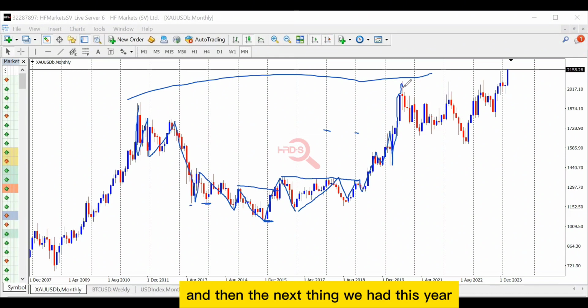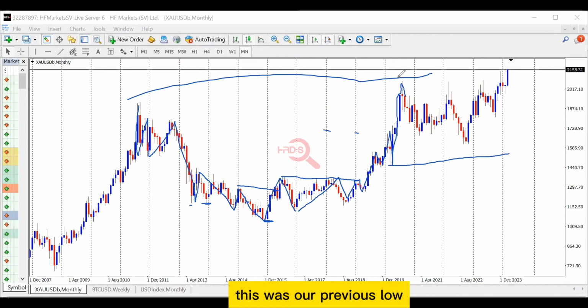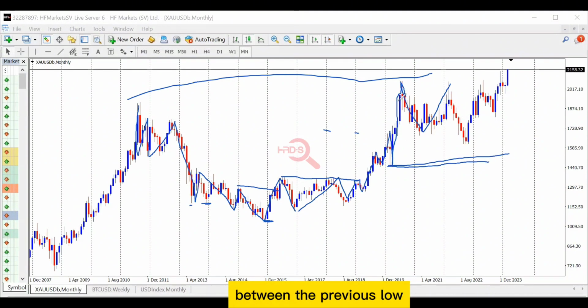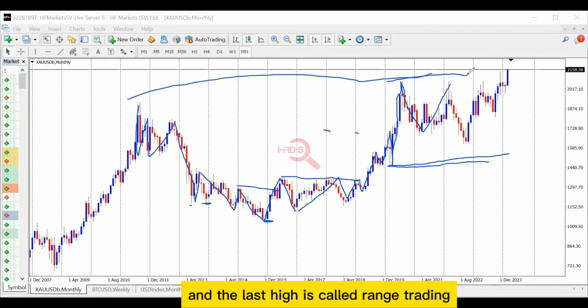And then the next thing we have is this here, this was our previous low that gave birth to this high. And then we got down here and made this. Remember range trading. Anything happening between the previous low and the last high is called range trading.